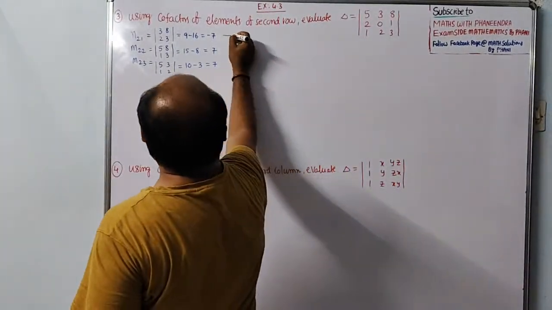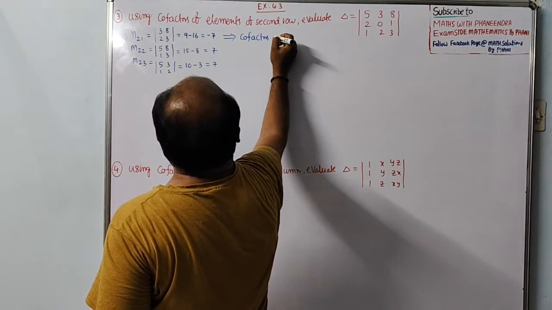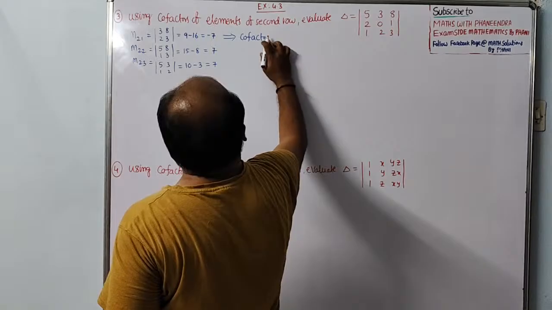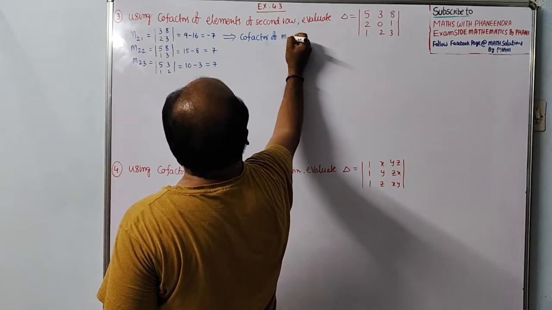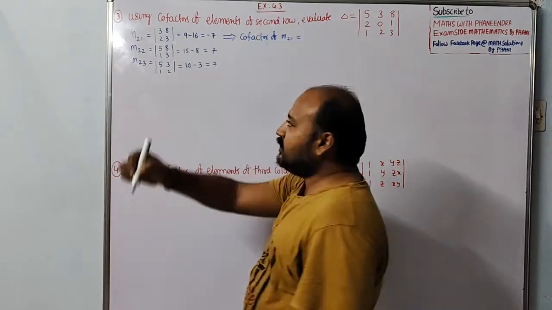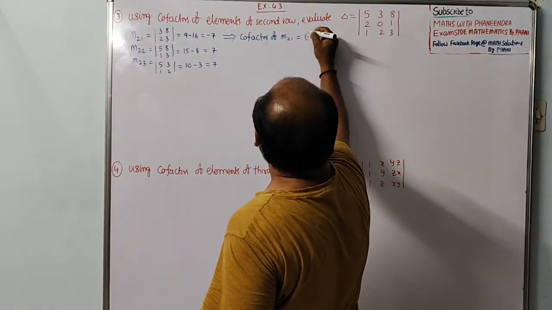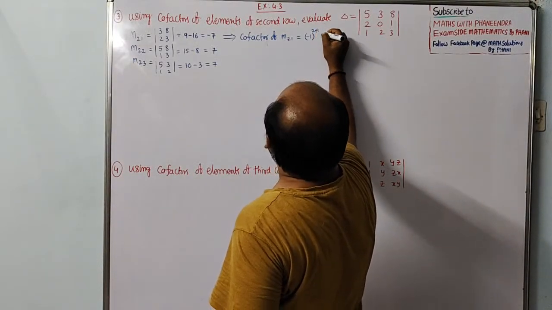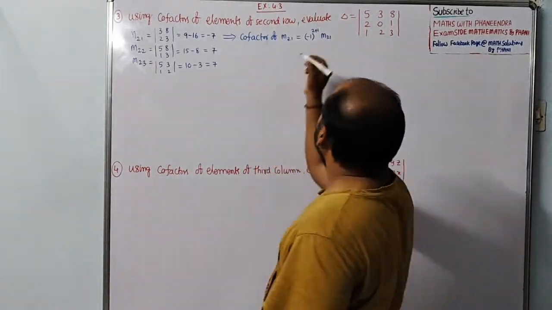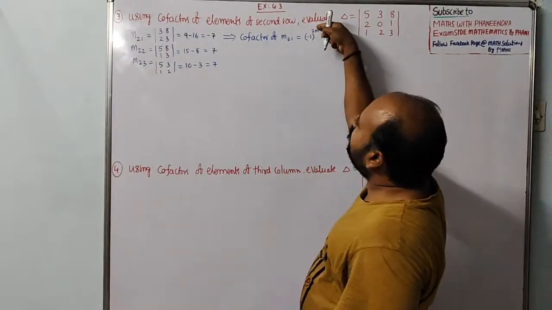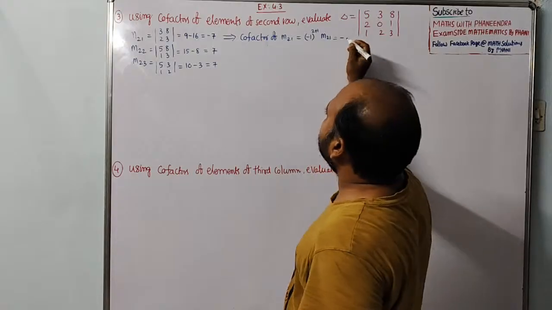Next, calculate the cofactors. Cofactor of M21 is equal to minus 1 whole power 2 plus 1 into M21. Minus 1 whole power 3 is minus, and the M21 value is minus 7.